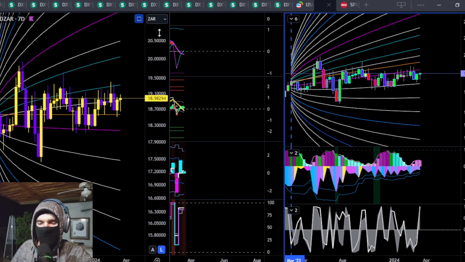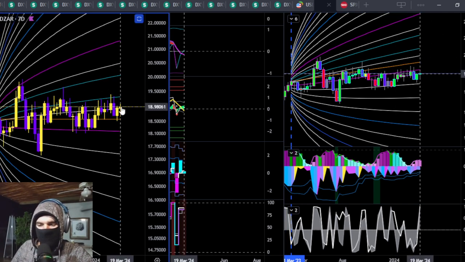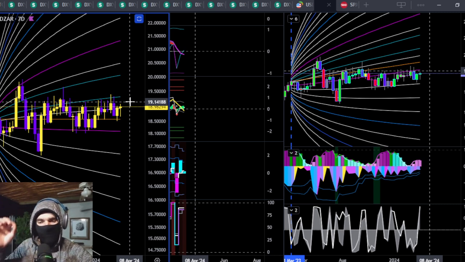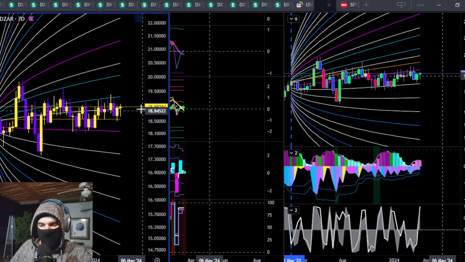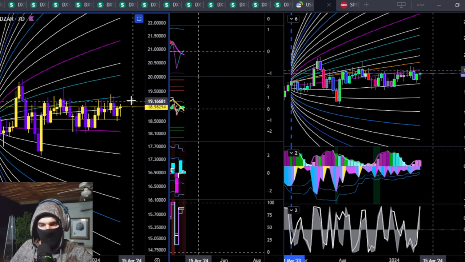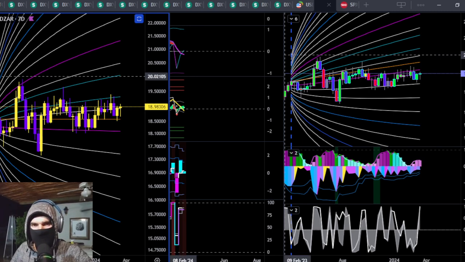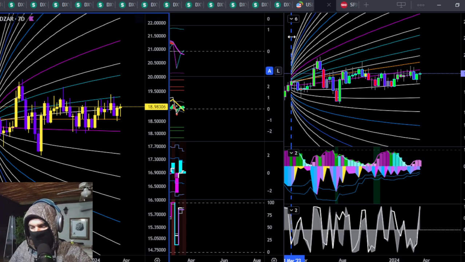So if the Dixie rallies, we technically expect, if you're looking at my $1 equals this many ZAR, that this is going to change from 18 to, let's just say, 20. And what is this? This is like a 10% move that's coming off of Dixie.